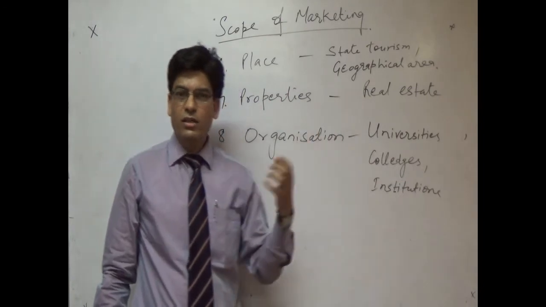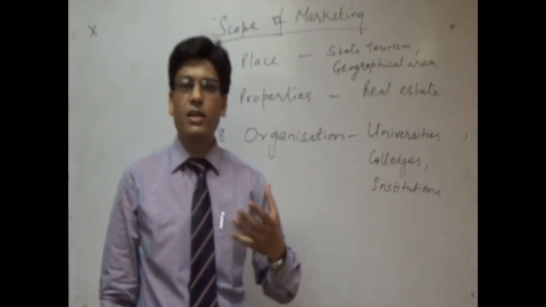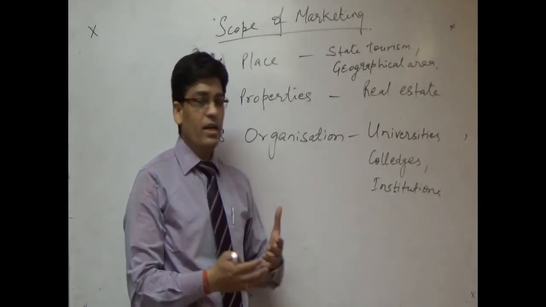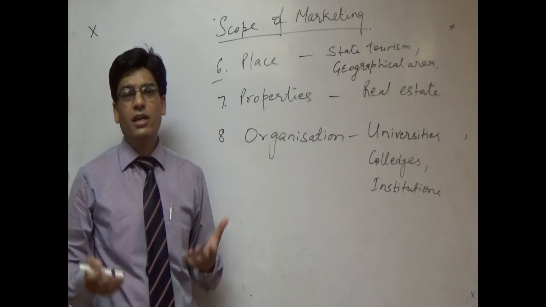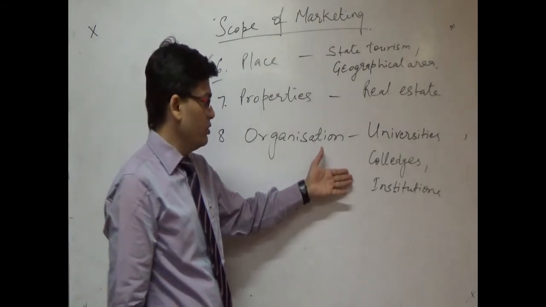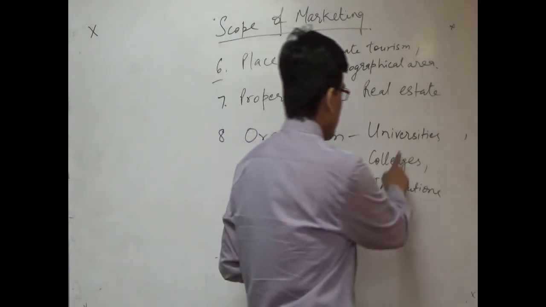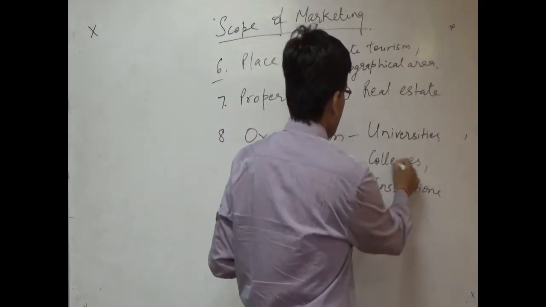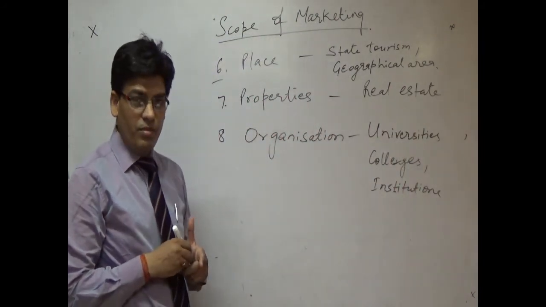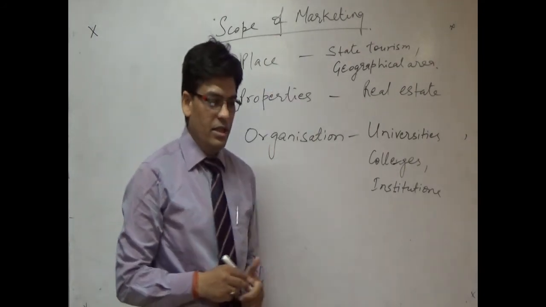Universities will be showing the number of placements, the number of extracurricular and co-curricular activities, various avenues for overall personality grooming of students and all. So there are various institutions and organizations where you could market those, where we say that the scope of marketing lies in these.